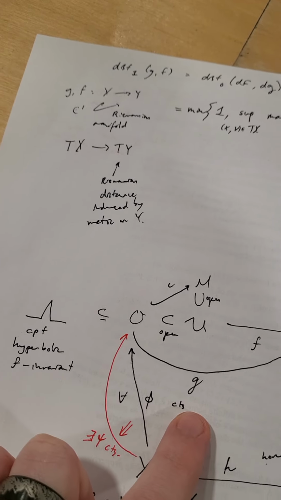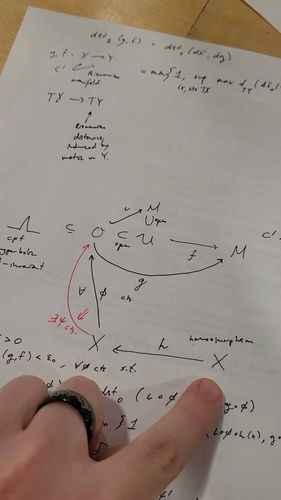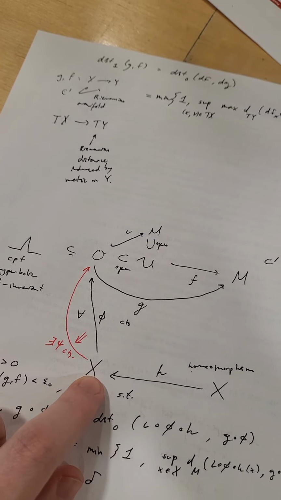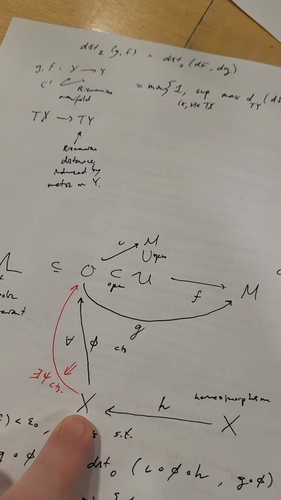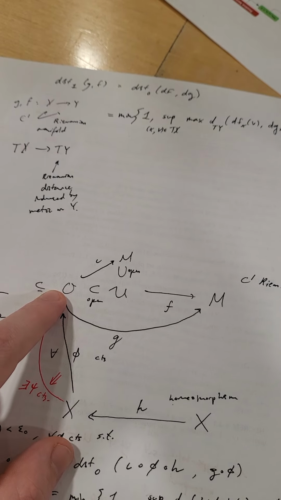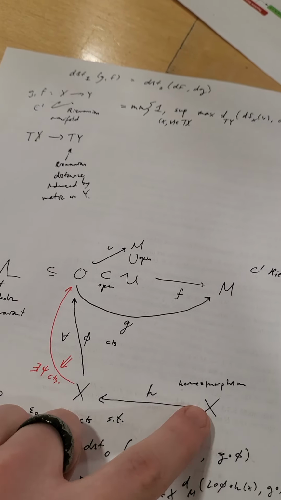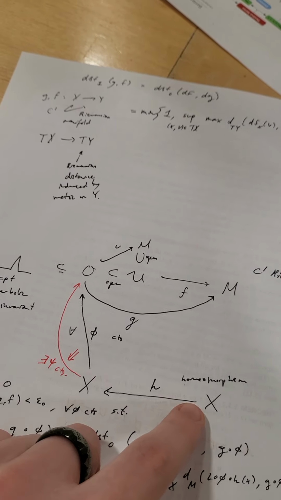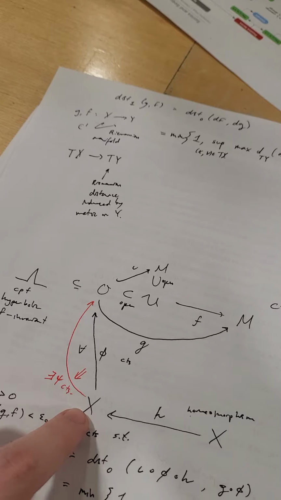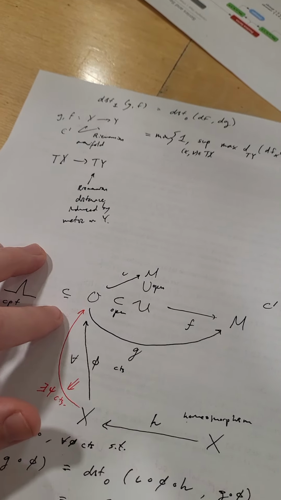And any homeomorphism H, so any homeomorphism H from this topological space X to itself, if we have a map phi which goes from X into U such that the zero distance between phi composed H, so this composition, which is secretly a composition into M because we're going to go along H, then along phi, and then include that into M, okay?